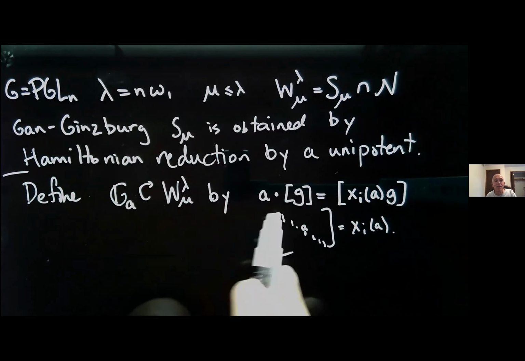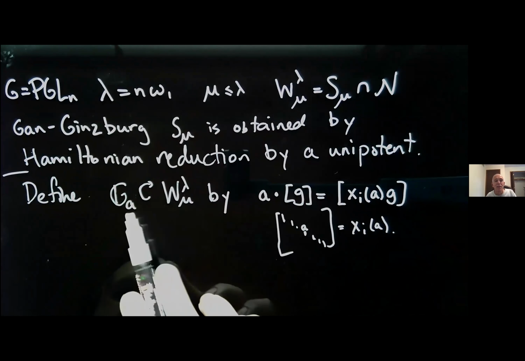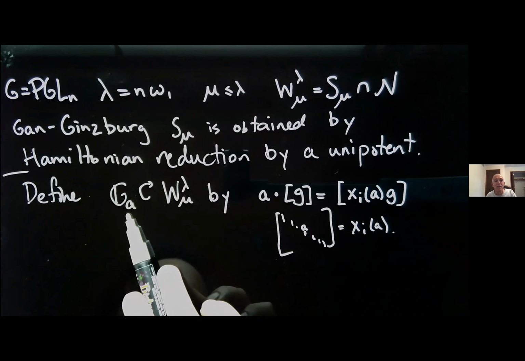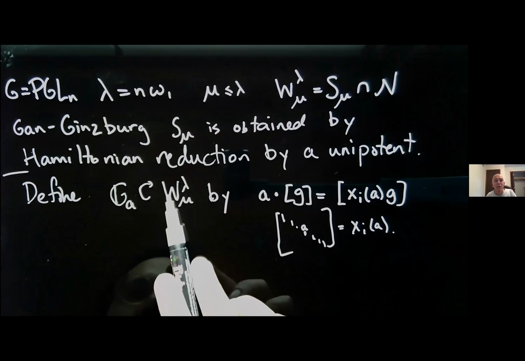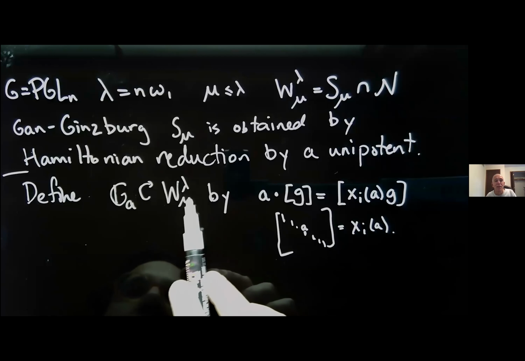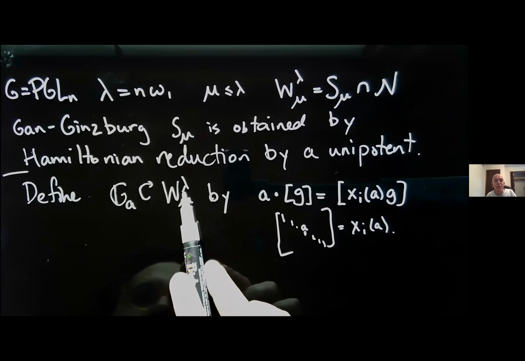So this is an action of G_a, and you might ask why G_a. Well, we want to act with something one-dimensional, because the dimension of W lambda mu is given by twice the pairing between lambda minus mu and rho.